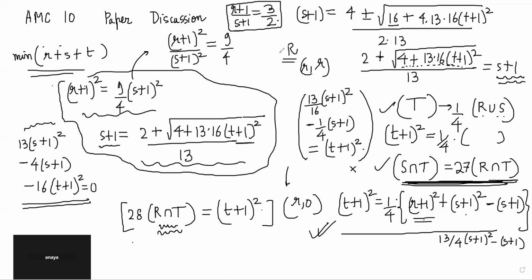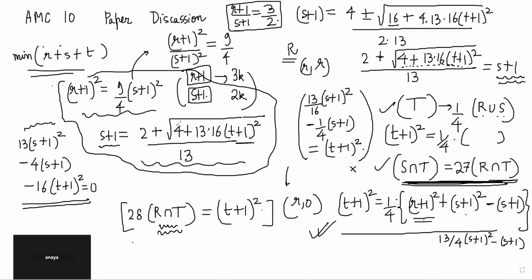So the ratio is this, so we can call it 3k and 2k, which is basically r plus 1 and s plus 1, where k is some integer. Then s plus 1 is 2k and r plus 1 is 3k.